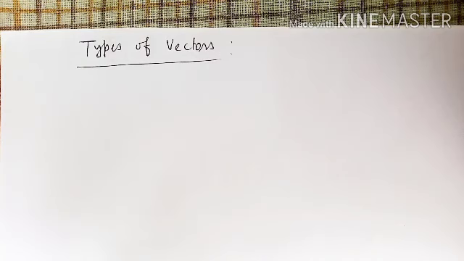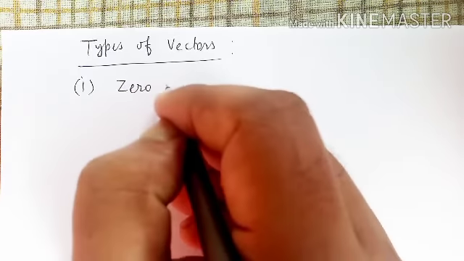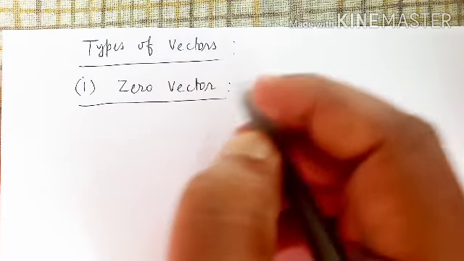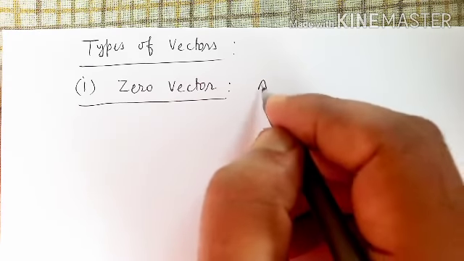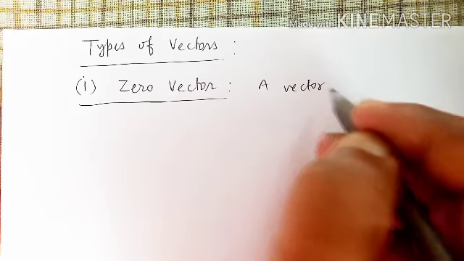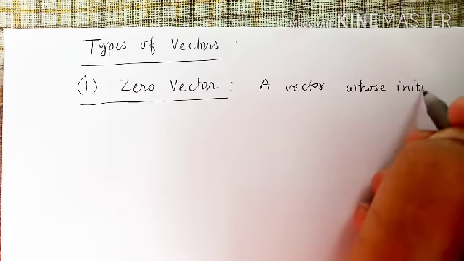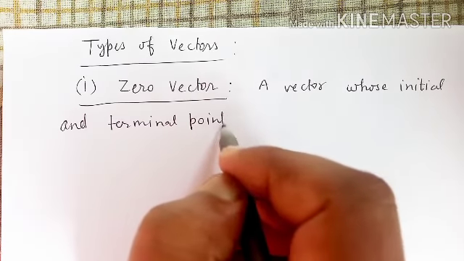Now types of vectors. First one is zero vector. A vector whose initial and terminal points coincide.